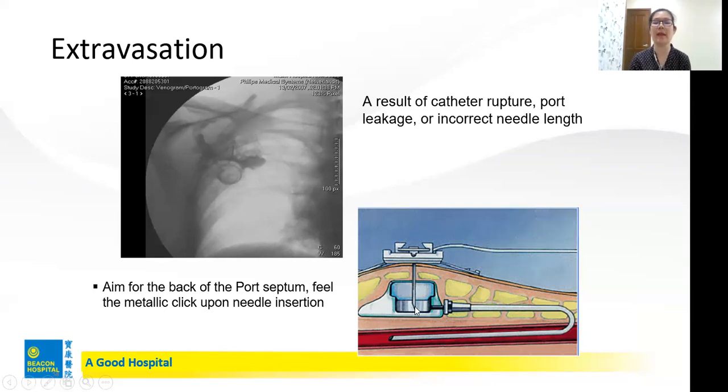Okay, you feel that, I'm touching the base. I can feel the metallic base. And then you must, I repeat, must use the non-coring needle. Do not use the normal coring needle. All of this can prevent extravasation.